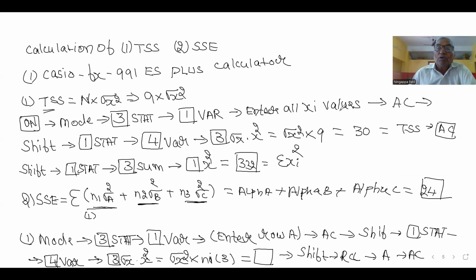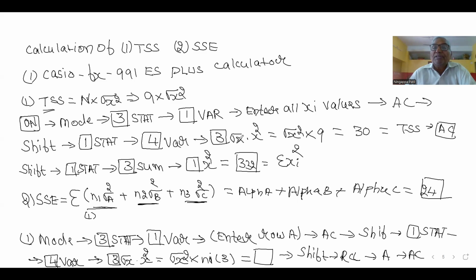Then you press the AC button and then shift button, then one button, this is the stat button, and then the fourth button, that is the variance button. If you press this fourth button, variance is coming at number 3. You press the third button, and that is only standard deviation, sigma x, but we want variance, means the square of this.